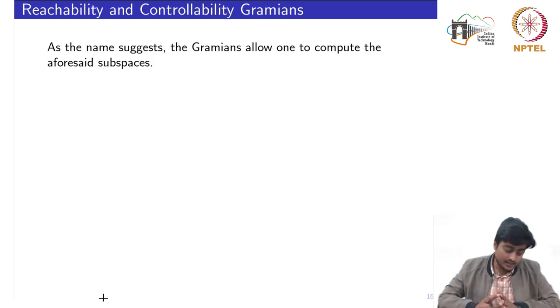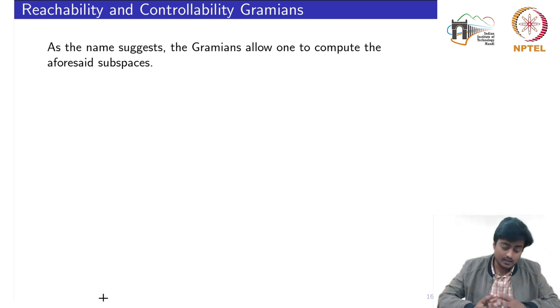Next, we see the reachability and controllability gramians. As the name suggests, the gramians allow one to compute the aforesaid subspaces. We are now pretty clear about the two subspaces for studying controllability and reachability, and now we want to compute them. To compute those subspaces directly, we will introduce these gramians.